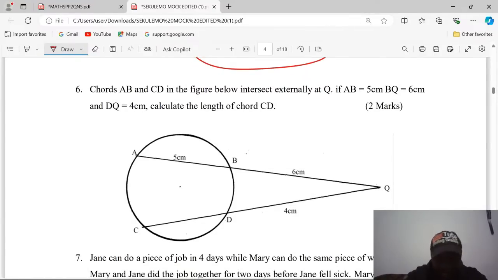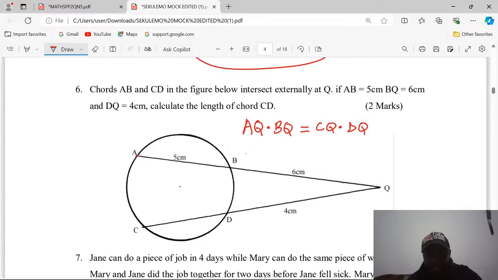You should take the total chord from A to Q, and multiply by the outer portion, BQ. This gives the same as when we take the other total length, CQ, multiplied by the outer portion of that, DQ.